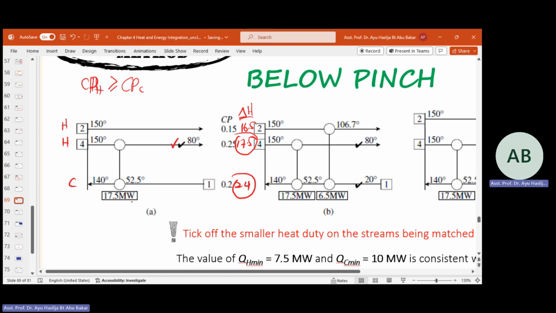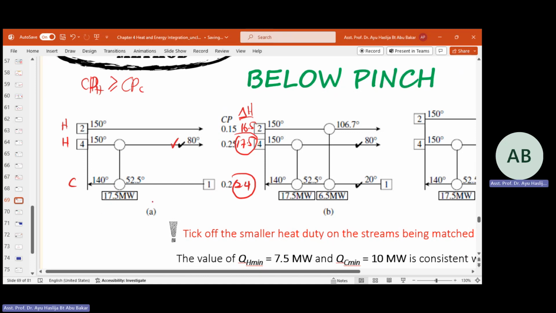Now, stream 1 does not have enough heat yet to meet the T target. 24 is the requirement. Now we have 17.5.